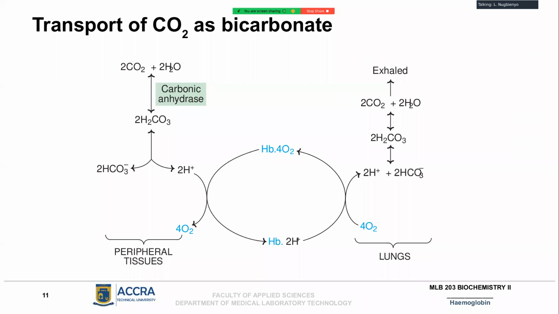And the rest of the 85% goes through this process of binding with water to form the carbonic acid and then broken down into the bicarbonate ion and protons. And the protons are what are carried on the hemoglobin, whilst the bicarbonate ion flows freely in plasma to the lungs. Understood?